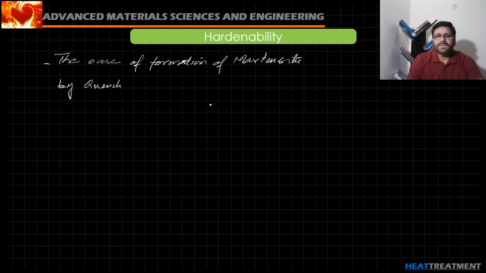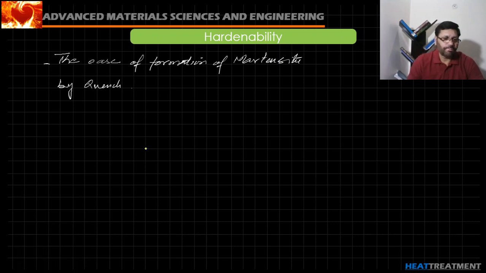As we discussed earlier, martensite is considered to be a hard and brittle material, and we take that this is the hardest material or phase we get out of heat treatment processes, and that is achieved through the quenching process. Now the ease of formation of martensite by quench is described as the hardenability of the material.